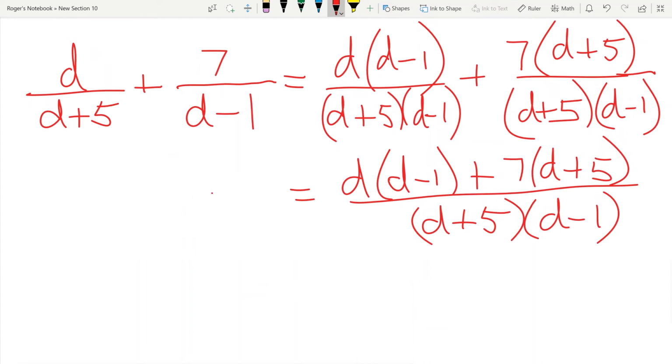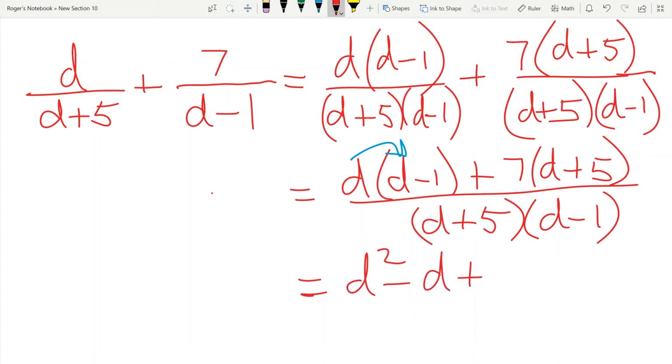Let's go ahead and multiply out the numerator and try to create probably just a trinomial in the numerator. So what's d times d? Distributive property: this times this, minus, this times this, and then 7d, I'm just multiplying now. d times d is d squared, minus d, because d times minus 1 is minus d.